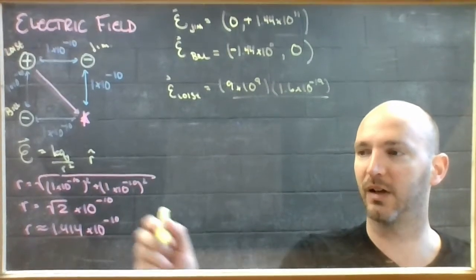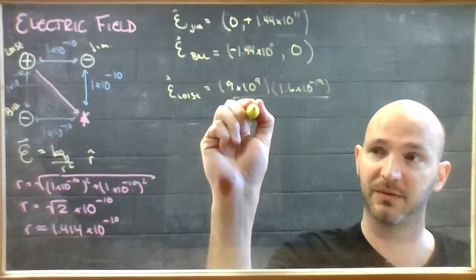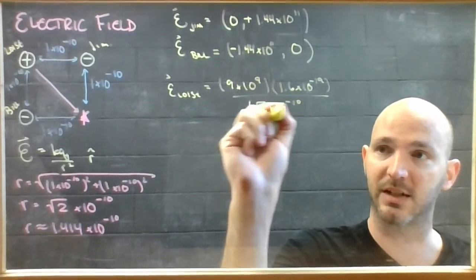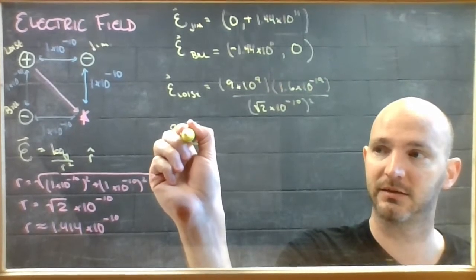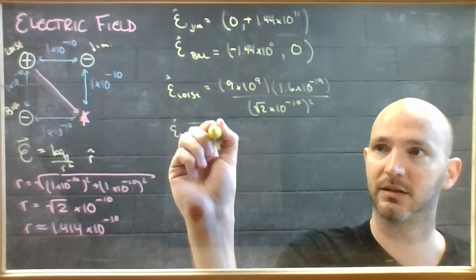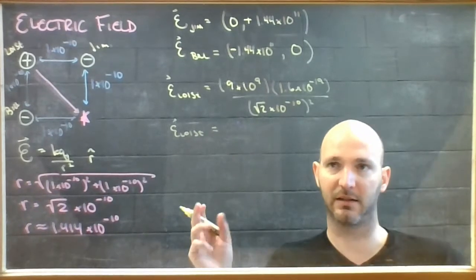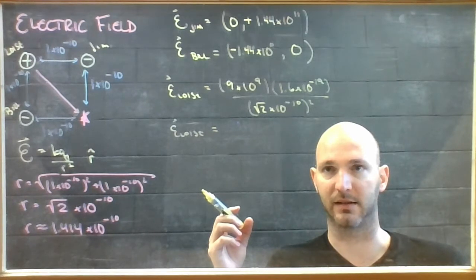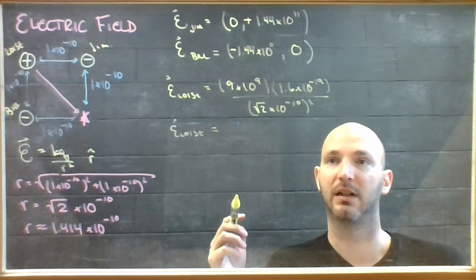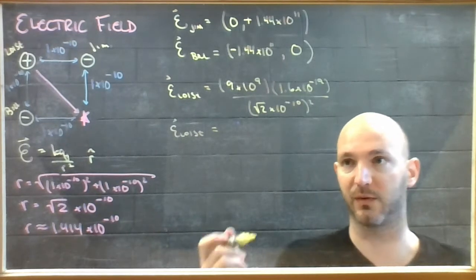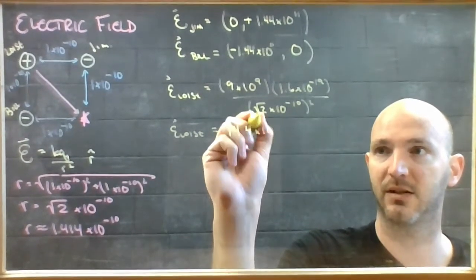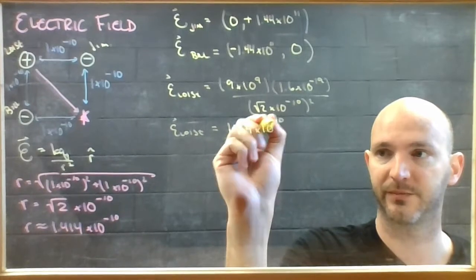Separation, well, I'm going to write it this way: root 2 times 10 to the negative 10, because I just have to square it anyway. 9 times 16 is 90, and 9 times 6 is 54. 54 and 90 would be 144. So this thing is going to be 14.4 times 10 to the negative 10.